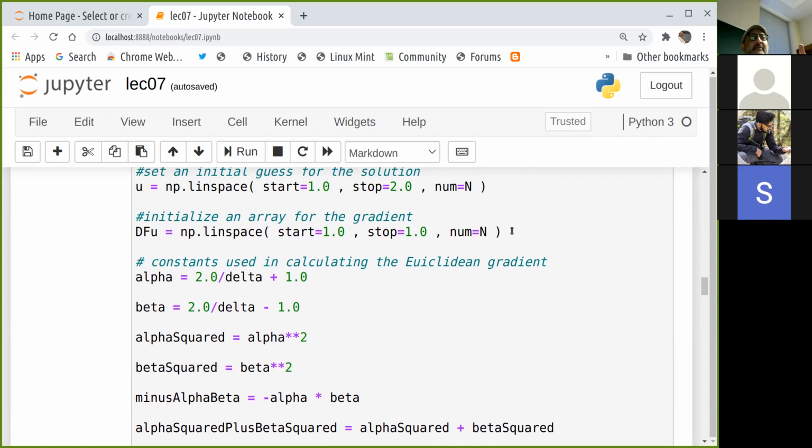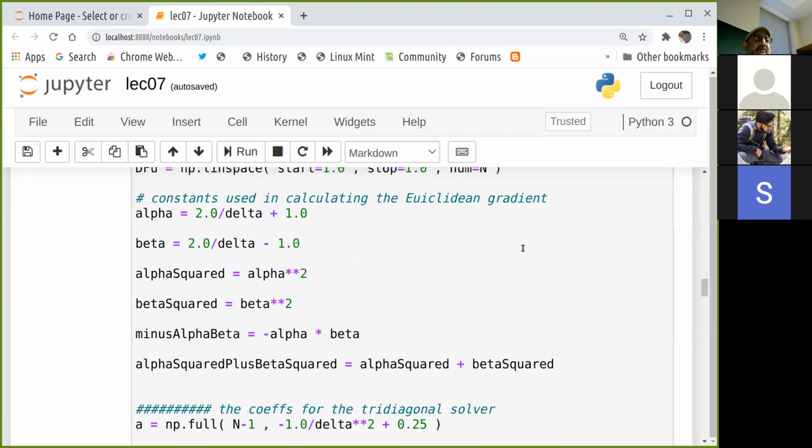Okay, so we saw two ways of doing it, right? We saw one was calculate the Euclidean gradient by hand. We saw the other one was, here's the functional. Use auto differentiation to extract the gradient.